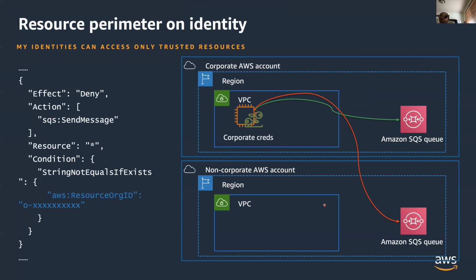And this is another example. Because we have a corporate credential and we put our resource org ID, we make sure that any corporate credential will be able to access our resources, while a non-corporate credential will be denied access.